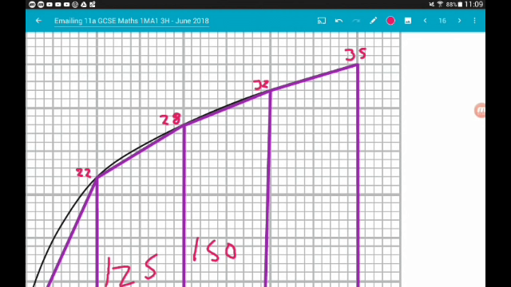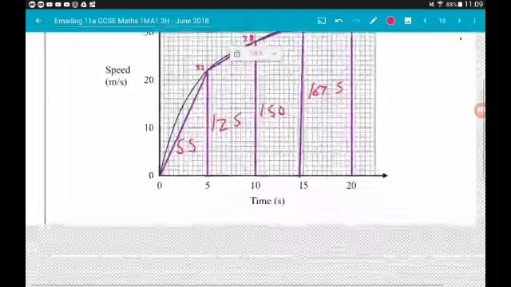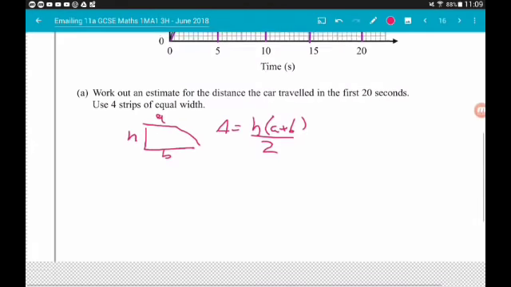Add those together, we get 67. Multiply that by 5, we get 335. Divide that by 2, and we get 167.5.